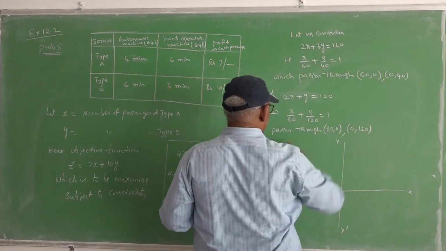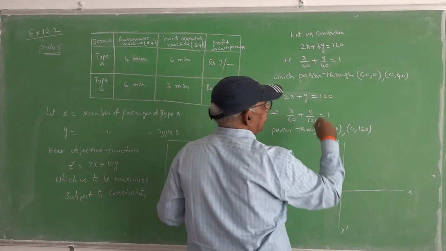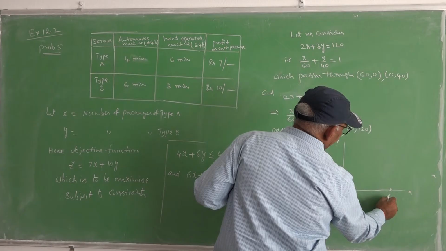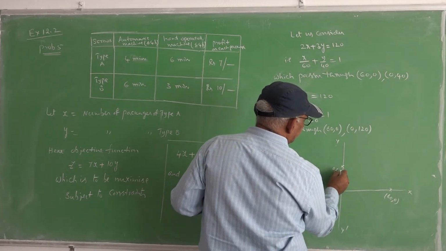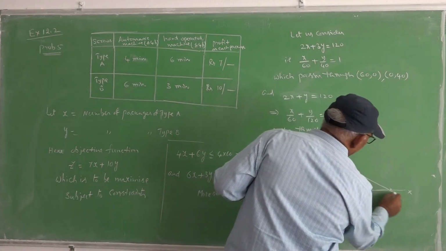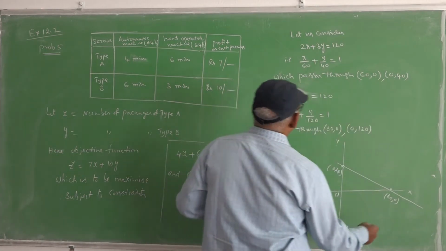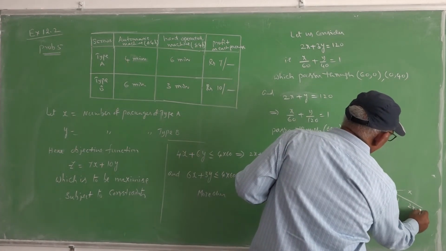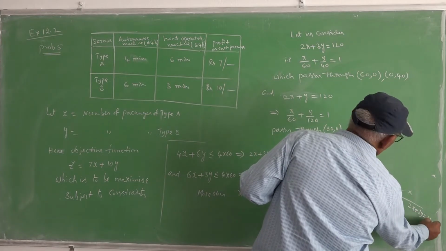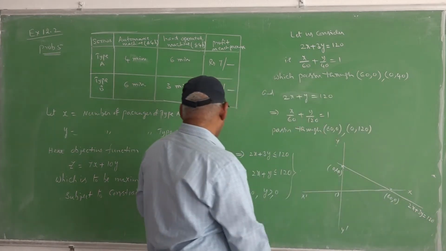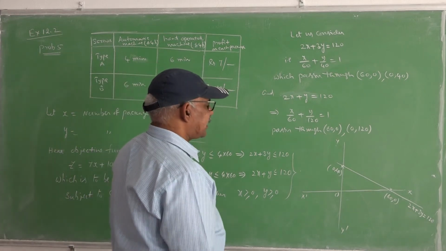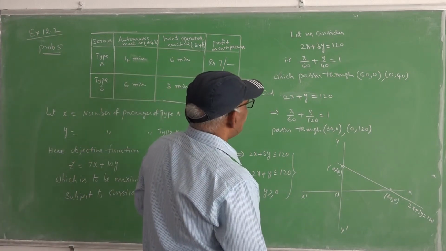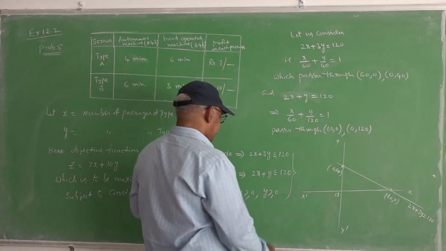The first line 2x plus 3y equal to 120 passes through 60, 0 and 0, 40. Joining these two points, we get that line 2x plus 3y equal to 120. The second one is 2x plus y equal to 120.